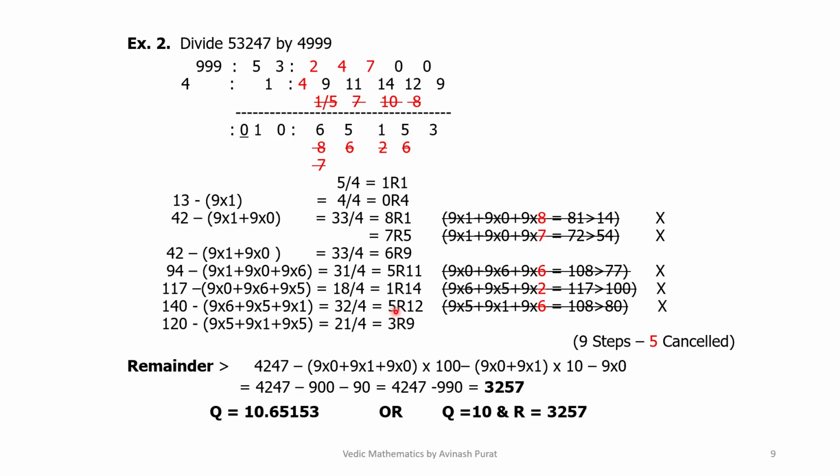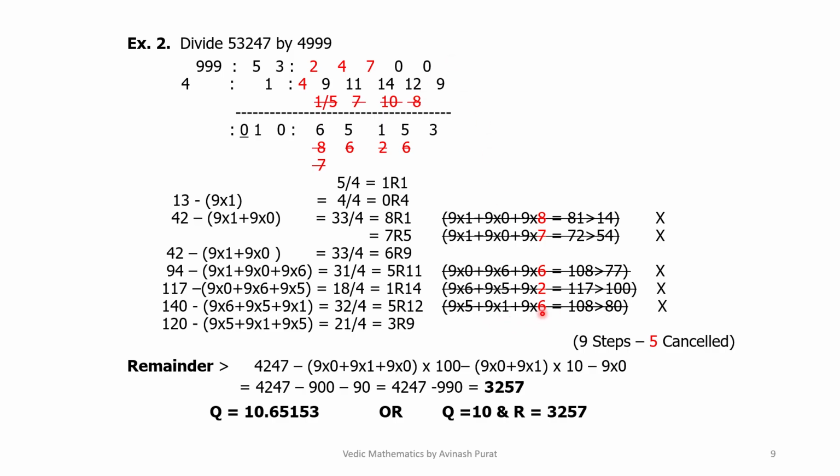Again here also, if we consider 6 as quotient, then the remainder is 8, and we get 9 into 5 plus 9 into 1 plus 9 into 6 equal to 108, which is more than 80.